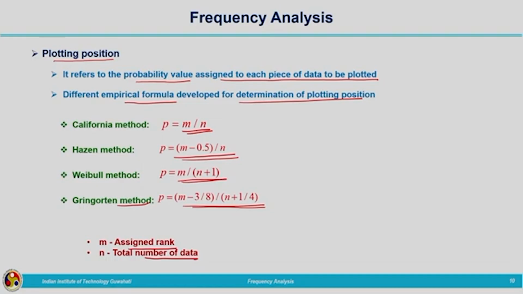So, here what we are doing in the method of frequency analysis, we are sorting the data in descending order. Highest value will be coming at the top and the lowest value at the bottom. Each one is assigned a rank starting from 1 to n, where n is the total number of data points. And we can find out the plotting position by making use of any of these formulas.